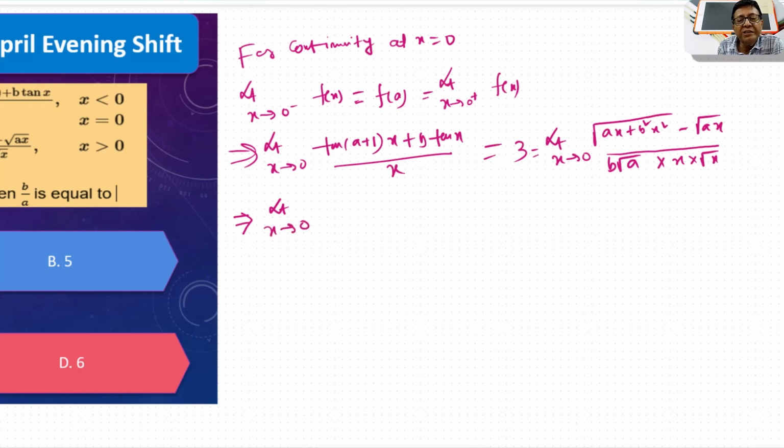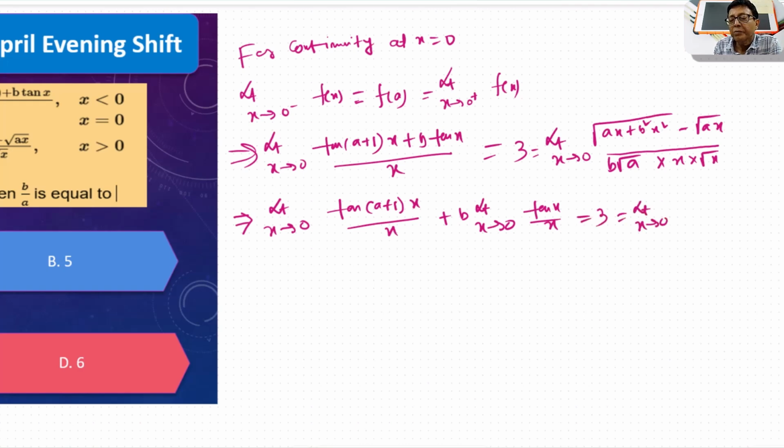This is x tending to 0, tan(a+1)x we are going to evaluate, plus b will come outside, tan x by x, equal to limit x tending to 0.